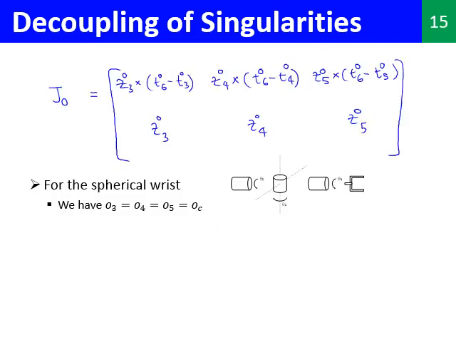For a spherical wrist, we had o3, o4, o5 at a common point called the wrist center OC. Now if you look closely, frame 3 is actually the base frame of this spherical wrist arrangement, and it does not change when any of these 3 joints are actuated. So it should have been somewhere here, but for our convenience we moved it to the wrist center.